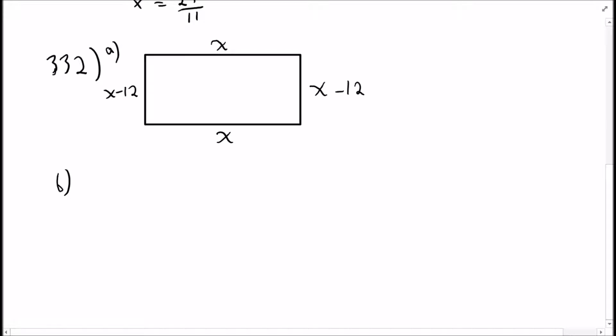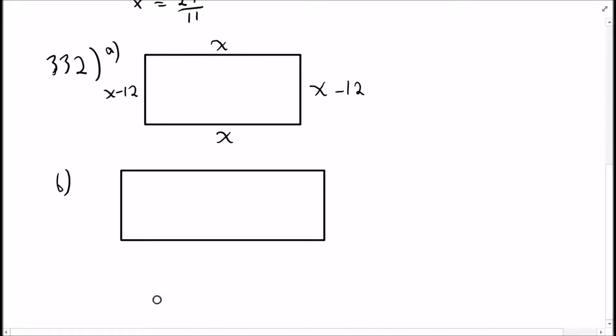B. Label again all the sides of the diagram below for Garden 2, which is 30 meters longer in both length and width than Garden 1 in Part A. So once again, they've given us a rectangle to work with. And this time they said it's 30 meters longer in both length and width. That means the length is 30 meters longer and the width is 30 meters longer.